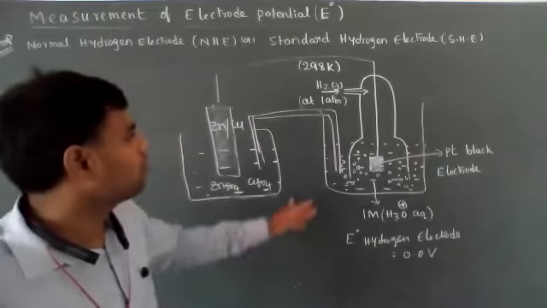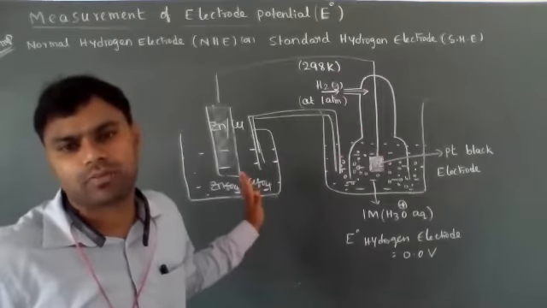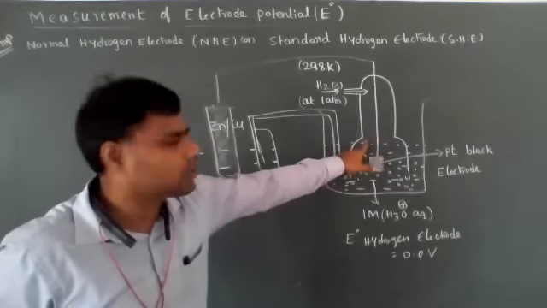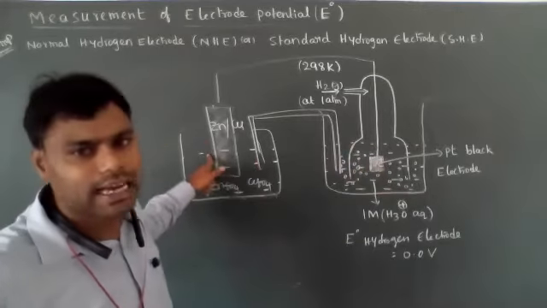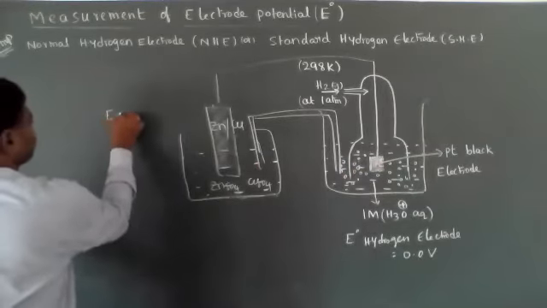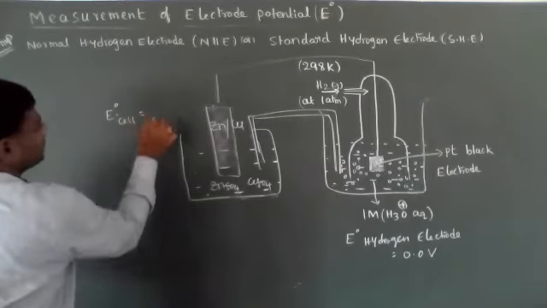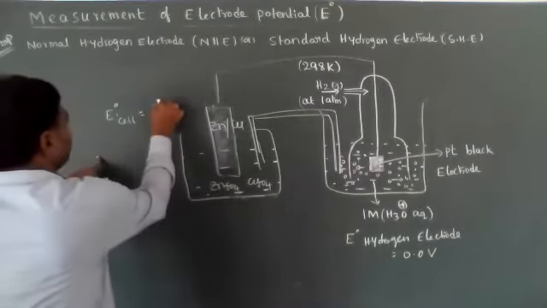This hydrogen electrode you can use as either cathode or anode, no problem. If you use the hydrogen electrode as cathode, then for the anode half cell, because the hydrogen electrode is 0, the E0 of cell is equal to E0 of anode.